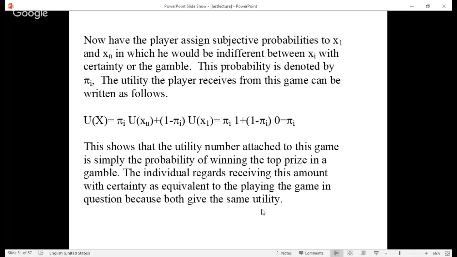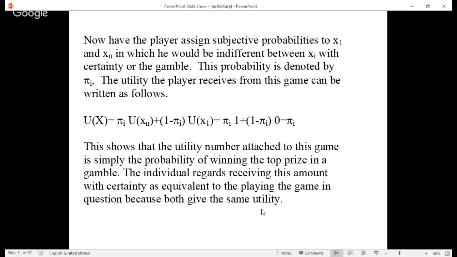So now what I want to do is I want to have these players assign subjective probabilities, what they think the probability of winning x1 is and what they think the probability of winning xn is. And if they only had those two, what would be their subjective probabilities? I'll denote that by pi. So pi times u of xn, that's equal to 1 for us, plus 1 minus pi times u of x1, which we saw before was 0.